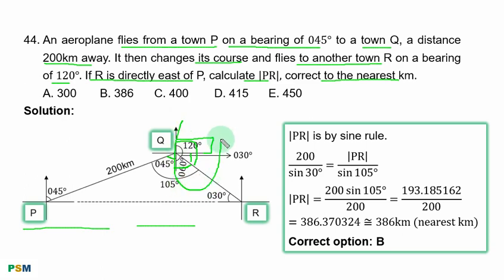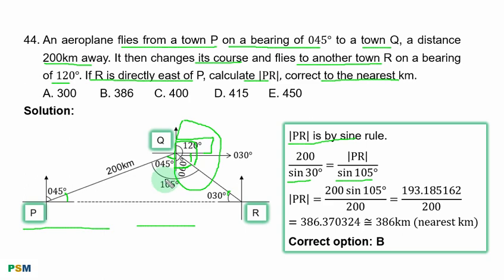PR is by sine rule, and we have 200 over sine 30 degrees equal to PR over sine 105 degrees. Here is 30 because this remaining part is 45 degrees.